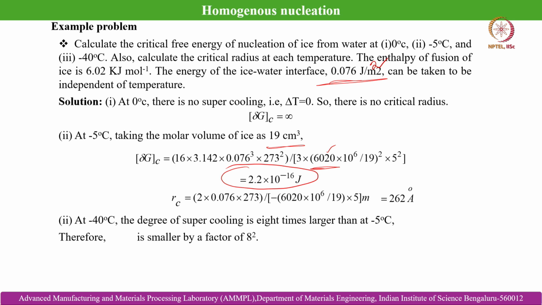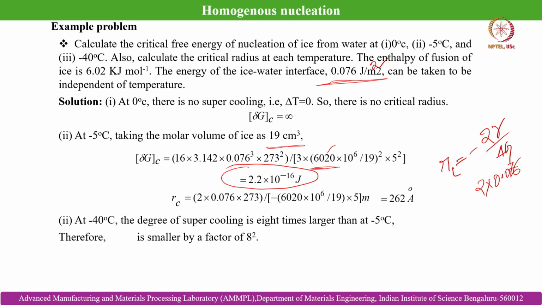And then we know that we have evaluated the formula for the critical radius of nucleation as minus 2 gamma by delta G. So, here we are evaluating 2 into 0.076, the energy of the ice-water interface, divided by delta G. The minus sign is shown over here for the same reason. We also need to convert the molar volume from cm cube to meter cube.